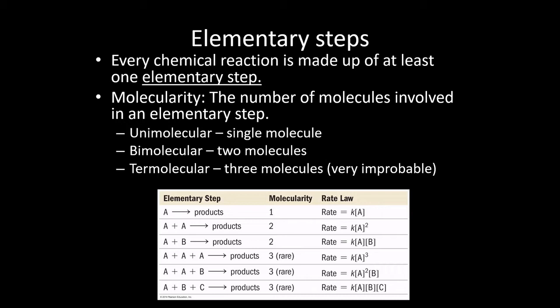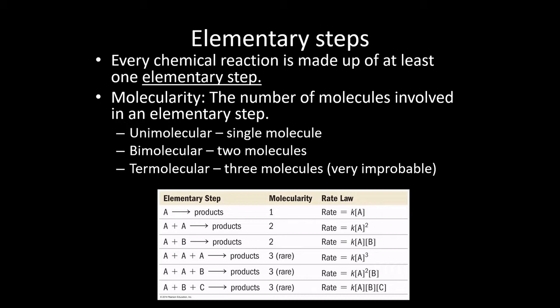Now, each of these elementary steps is really just a collision. We call it an elementary step because it can't be broken down any further. It's the simplest interaction that can take place, which is really by definition a collision, two things bumping into each other. So we have three different molecularities that can happen for these elementary steps.